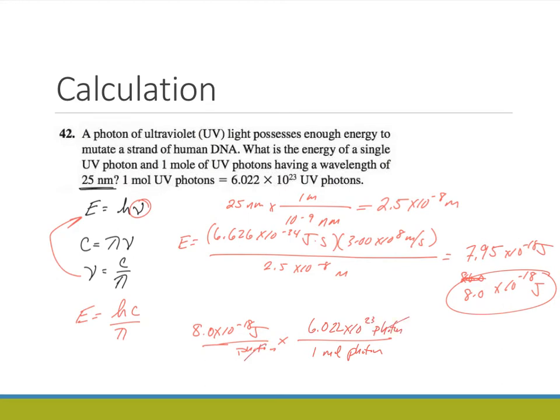That way the photons cancel. I get joules per mole of photons. And that gives us 4.8 times 10 to the 6th joules of energy for 1 mole of these photons.